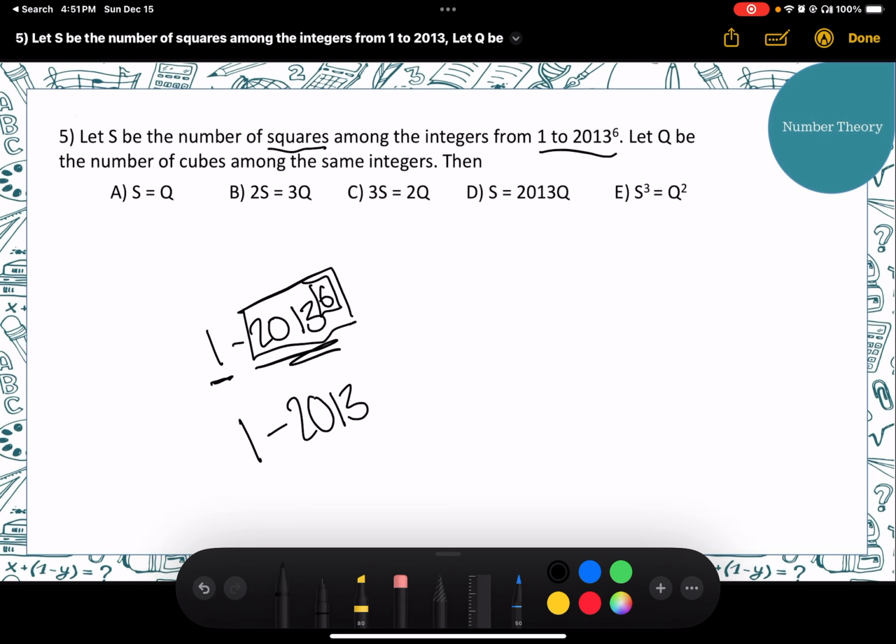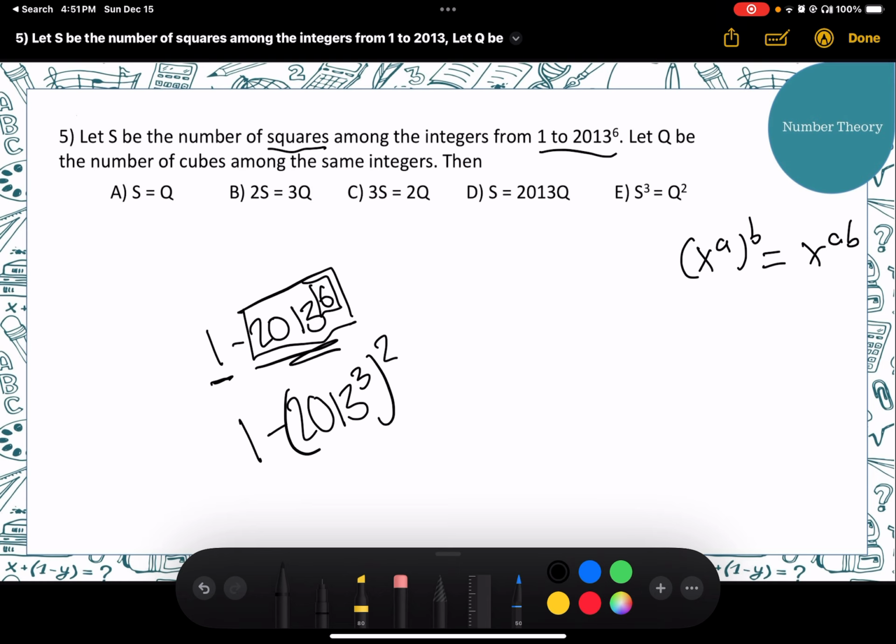The total number of numbers that can be squared is 1 to 2013 to the third, and then this squared. How I got that is the property of an exponent to an exponent: if I have x to the a to the b, then this equals x to the ab, right? So here, the total number of numbers that can be squared is 1 to 2013 to the third, squared.